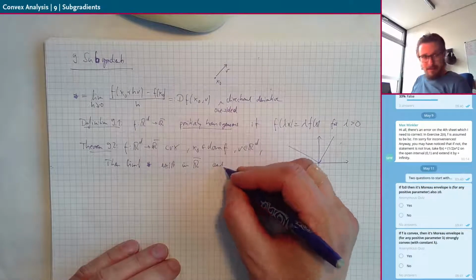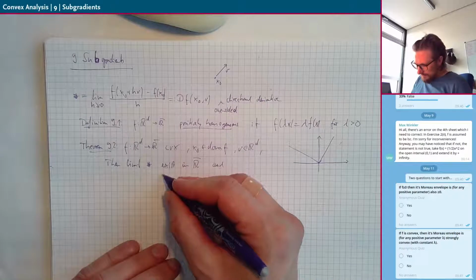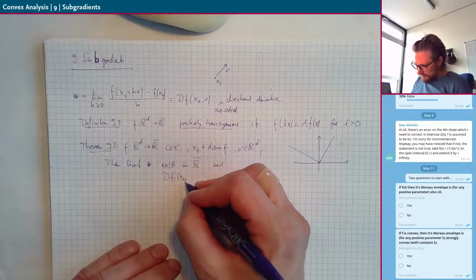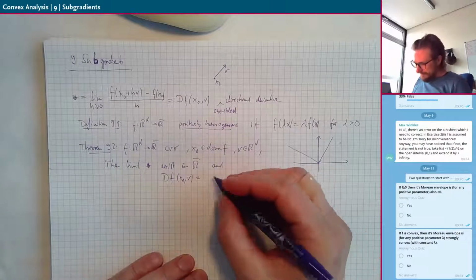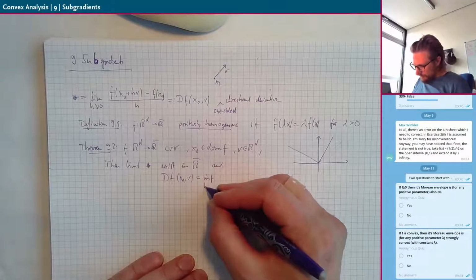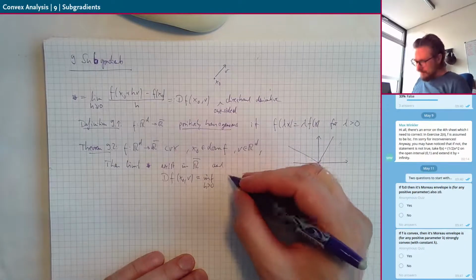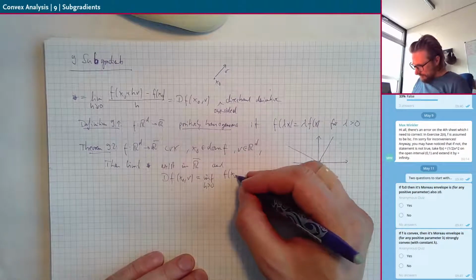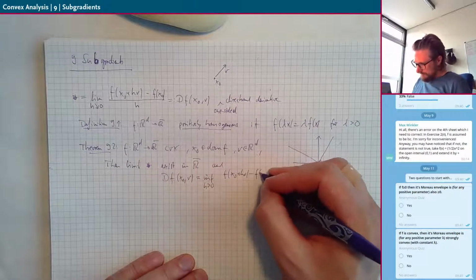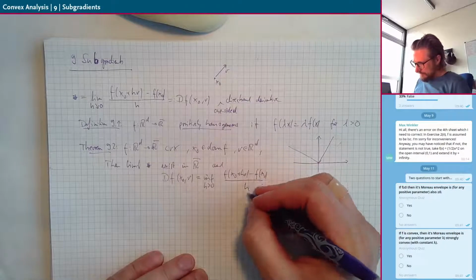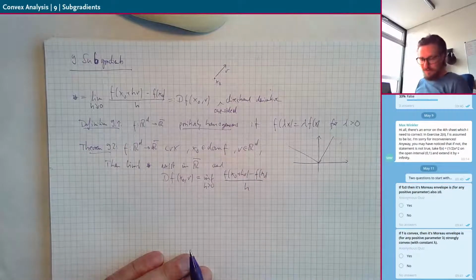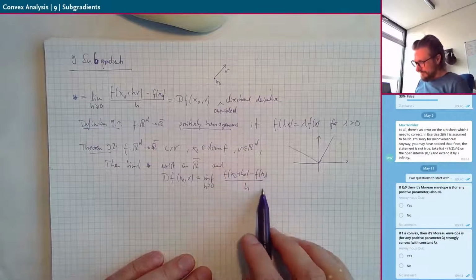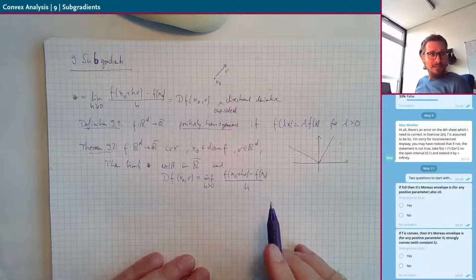And it holds that this directional derivative is not only given by a limit, but also as an infimum over all positive h of the same difference quotient. So we can replace the limit over decreasing h by the infimum over all positive h, and this is true because the difference quotient has a certain monotonicity property built in.